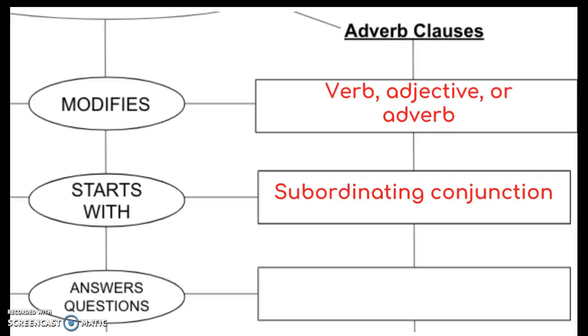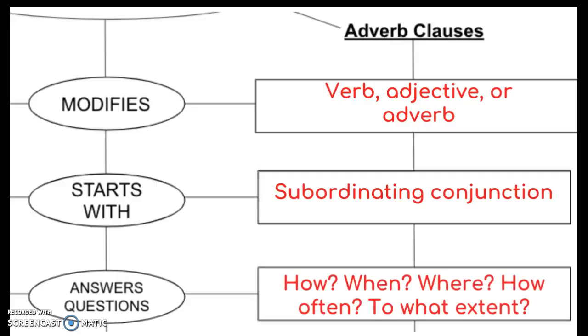There are a lot of subordinating conjunctions, so you may not be able to write them all down on this page, but you should be familiar with them because we've been talking about them since the beginning of the year. Adverb clauses answer the same questions that adverbs do in adverb phrases: how, when, where, how often, and to what extent.